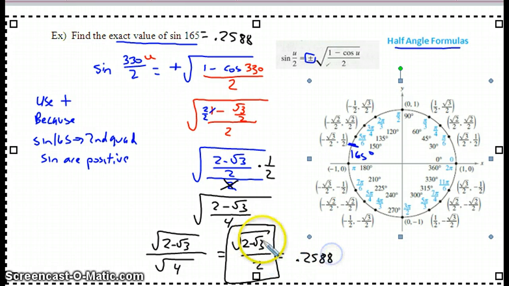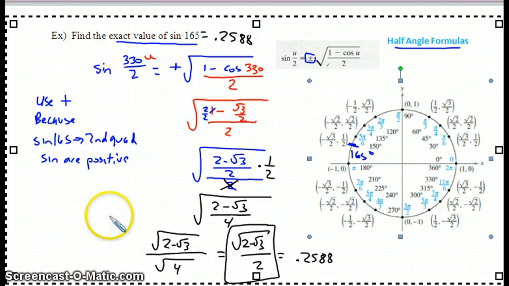Remember, when you type all of this in, I wouldn't try to type it all in at once. I would figure out what 2 minus the square root of 3 is, then take the square root of that, and then divide that by 2. If you're not getting the same decimal, chances are you either did something wrong algebraically, or you're typing this into the calculator wrong. So try to type it in bits and pieces instead of all at the same time.